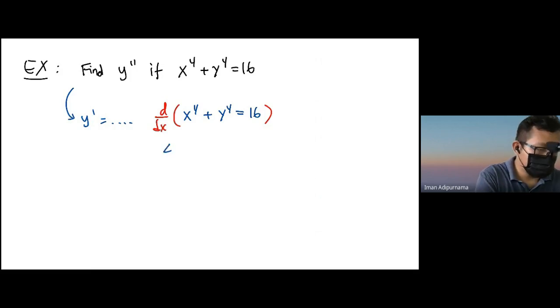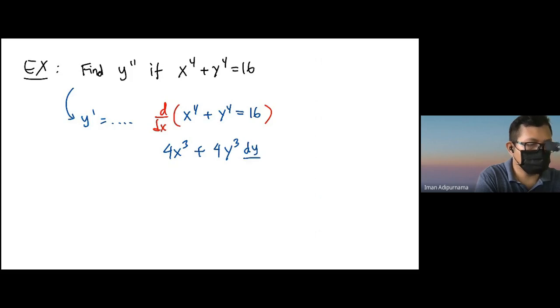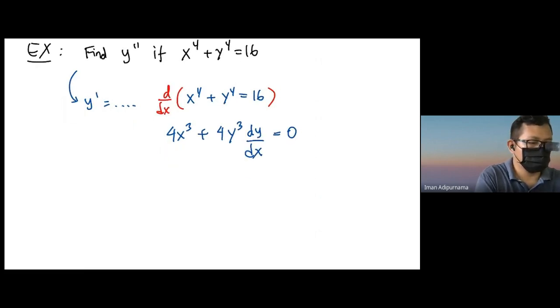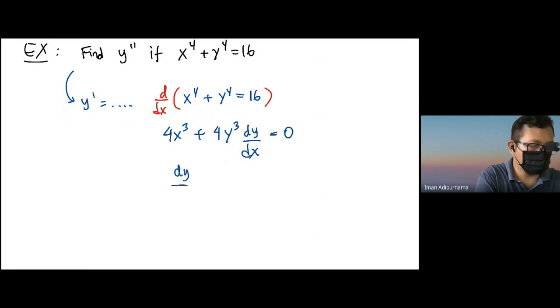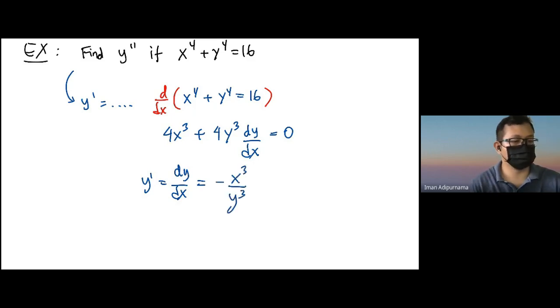You will get 4x cubed plus 4y cubed dy dx equals 0. So you will get dy dx, or y prime, equal to negative x cubed over y cubed, right? Similar to the previous one, x over y, but this has cubes.